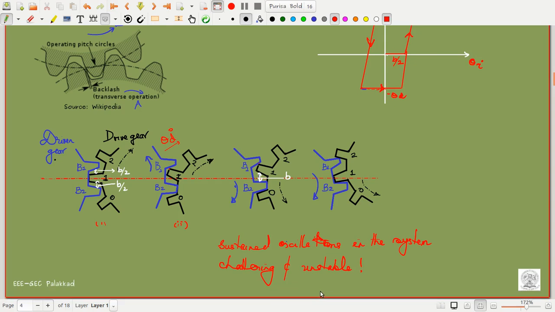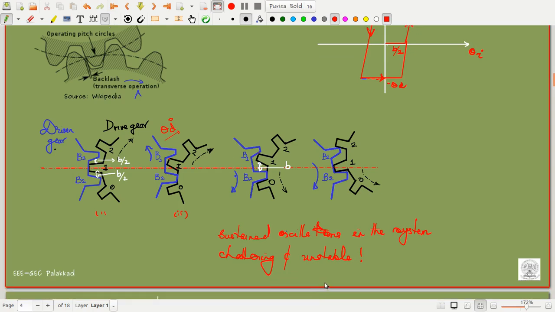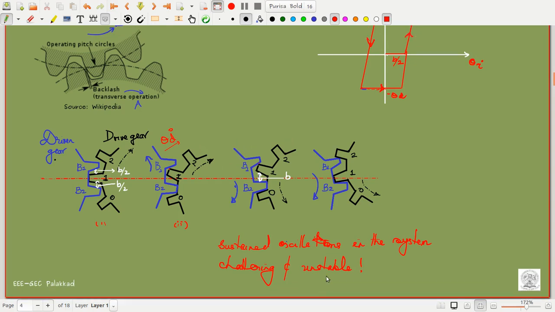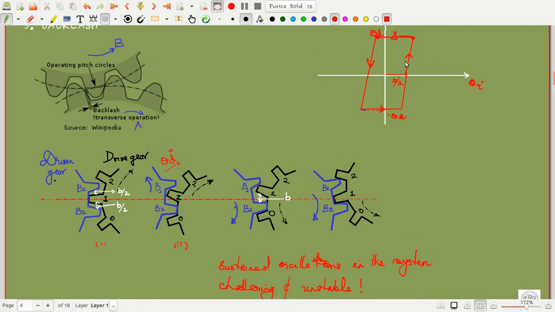So when we are introducing gear trains to the system, we have to introduce this kind of nonlinearity, model the system with it and study the system, and then design methods to avoid these instabilities. That is why we are learning this kind of nonlinearities in control systems.